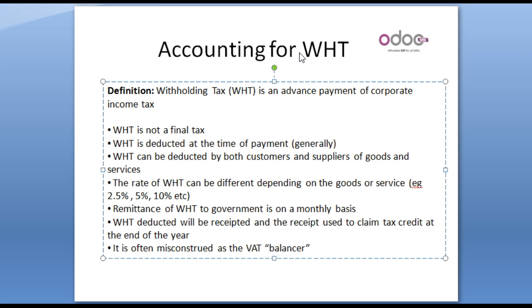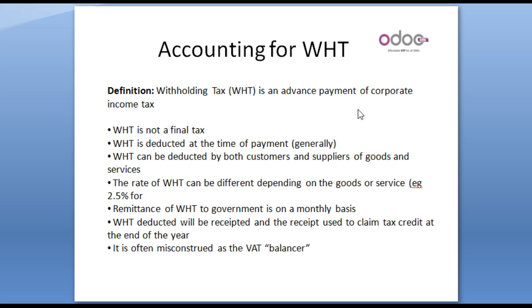Of course, there are several other instances where 10% is charged, for example, on rent, on contracts for hire, and so on and so forth. But again, this differs from one country to another. So you need to check the tax laws to know which rate applies to the goods and services you render or that you receive from your customers.